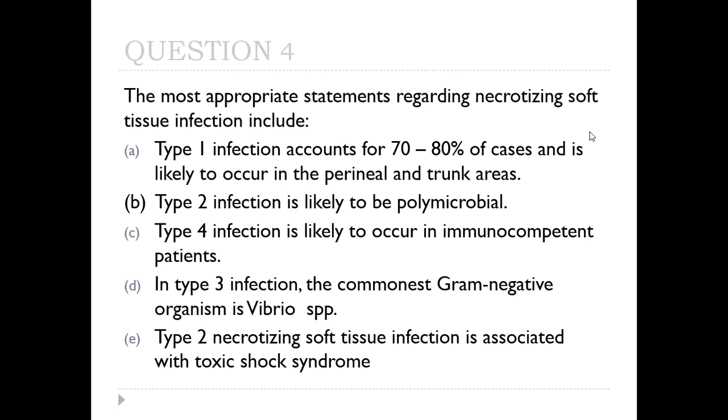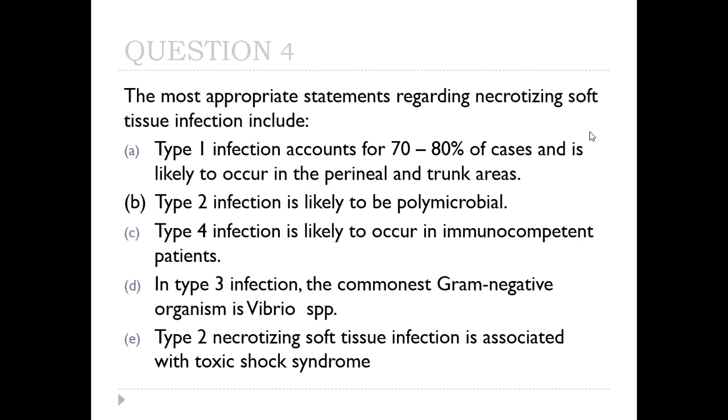Most appropriate statement regarding necrotizing soft tissue infection include: type 2 infection is monomicrobial, type 1 infection is unlikely to occur in perineum and trunk, type 4 infection can occur in any patient, type 3 infection, the commonest is not a gram-negative organism.